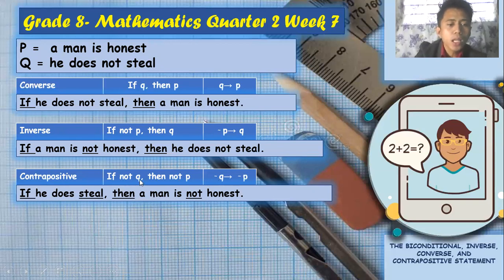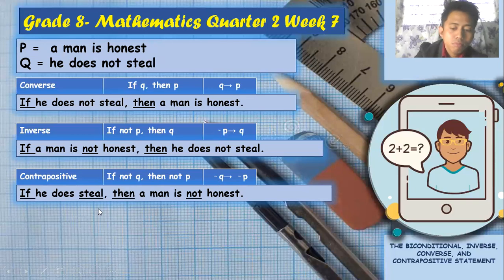So by following the pattern, we can conclude that our contrapositive statement is: if he does steal, then a man is not honest.